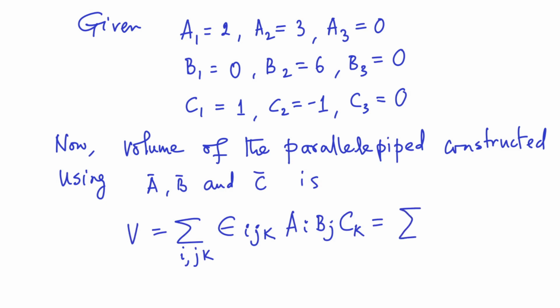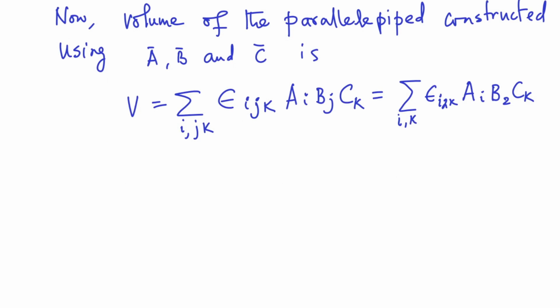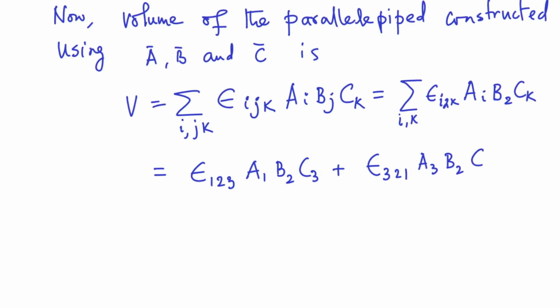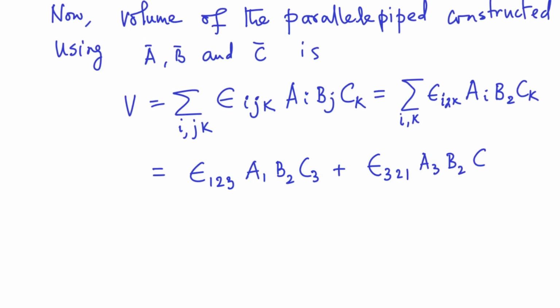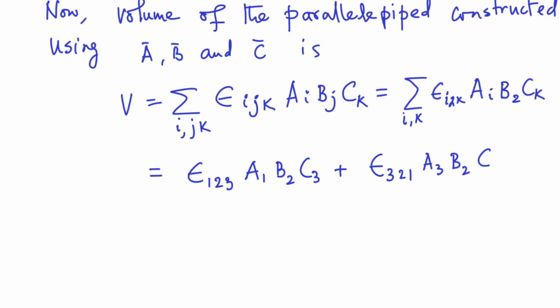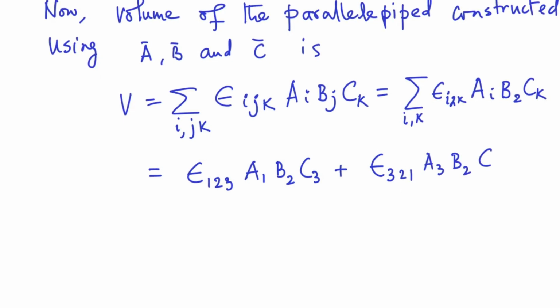Now if you notice, the only component which is non-zero for B is this b2. So b1 and b3 are automatically 0. That means I can write the summation as epsilon i2k ai b2 ck. Now we know the Levi-Civita symbol epsilon ijk is non-zero only if all three indices are distinct.